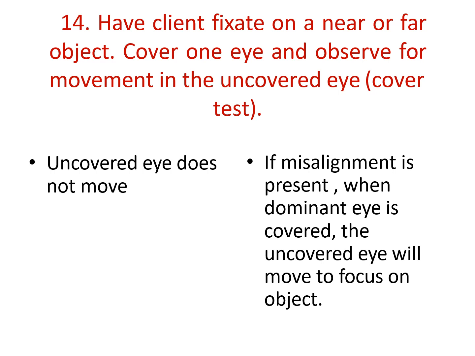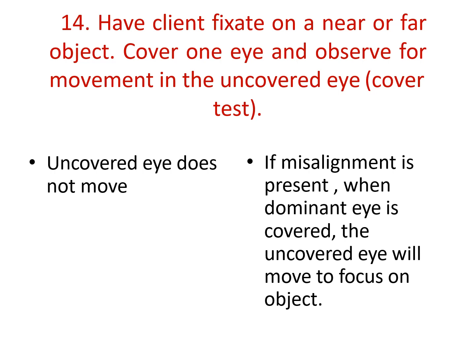At this point, you have your client fixate on a near or far object to test for presence of squinting or resting of the eyes. Cover one eye, and observe for movement of the uncovered eye.